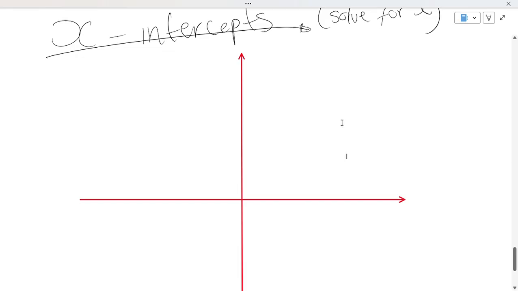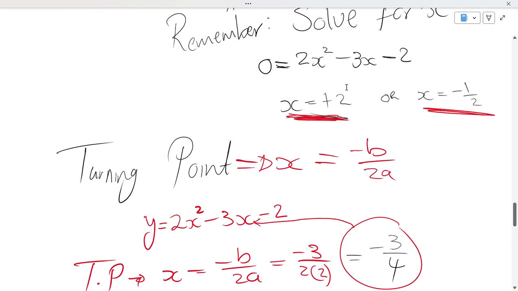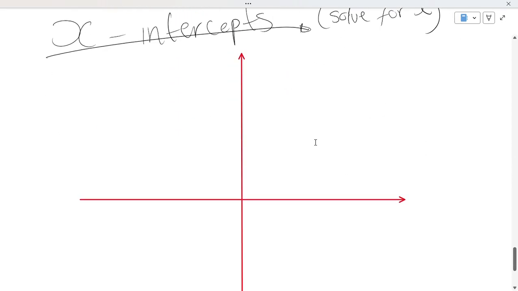So now the first thing is we need to know where the x-intercepts are. The x-intercepts we know are at positive 2 and negative 1/2. So if we were to draw it, this is our positive 2, and this is our negative 1/2.